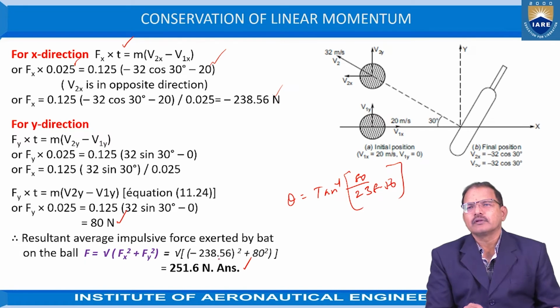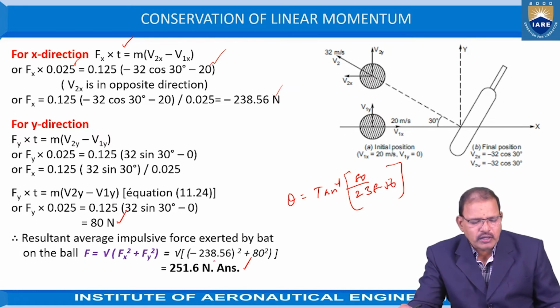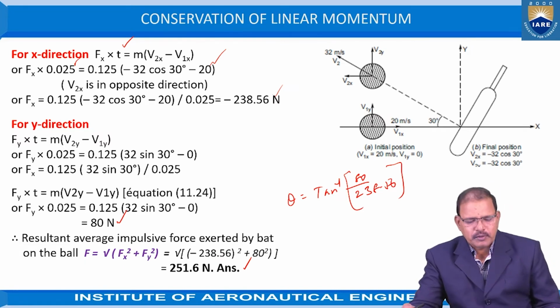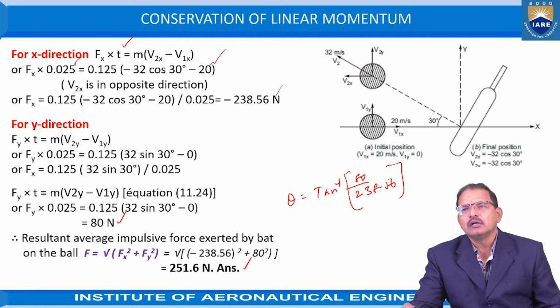Since the x component is negative and the y component is positive, it belongs to the second quadrant, and so theta is equal to 180 minus this value, which is the angle measured counterclockwise from the reference line.